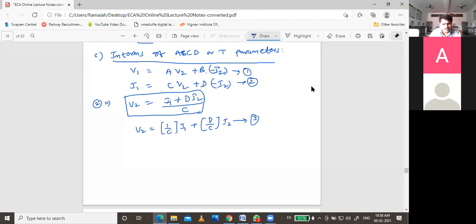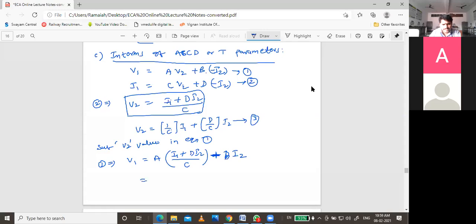Next, substitute V2 value in equation 1. So from equation 1, V1 equal to A into what is V2? That is (I1 plus D I2) by C. So this V2 value is substituted here, minus B into I2.